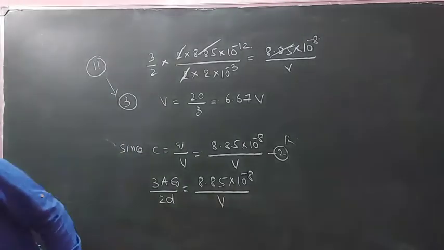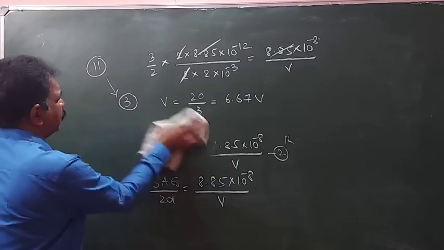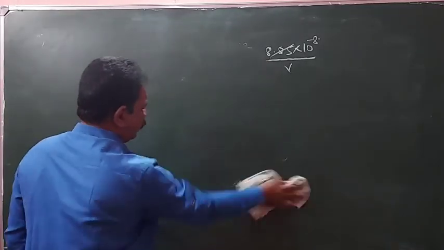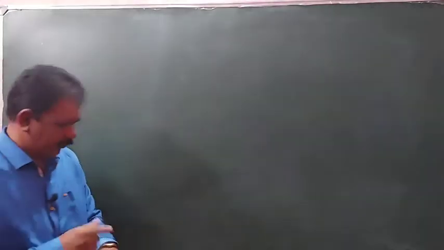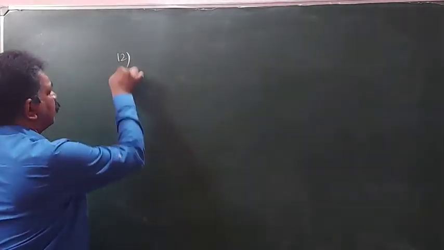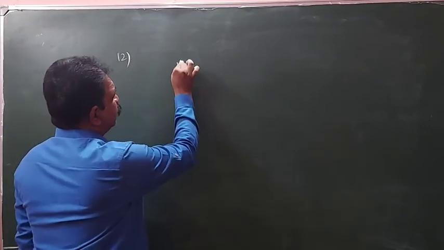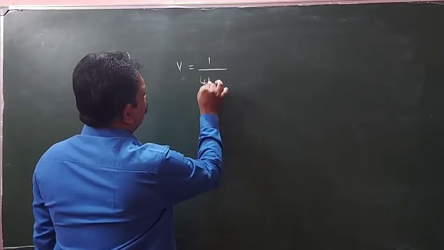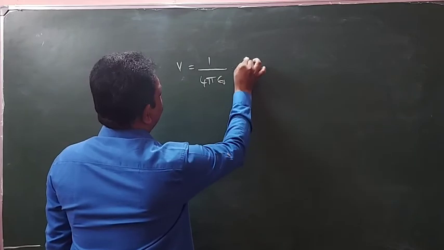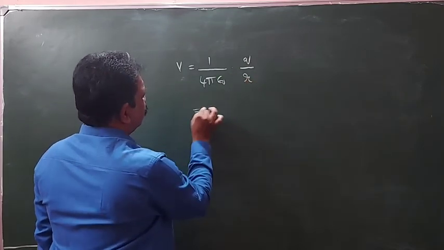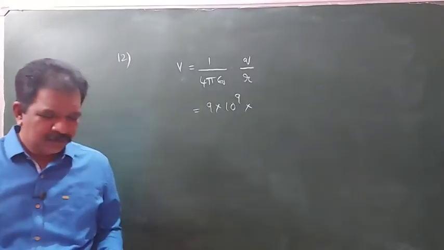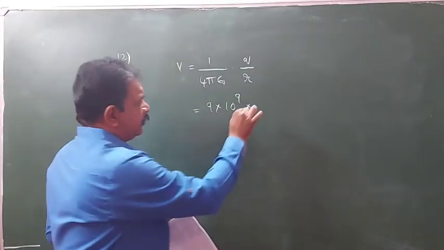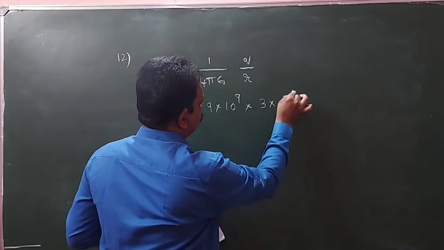Next, 12, you see, what is the electric potential at a distance of 9 centimeter from 3 nanocoulomb. Simple question. 12th, what they are asking. V is equal to 1 by 4 pi epsilon naught Q by R, 9 into 10 power 9. Q value will be 3 nanocoulombs.